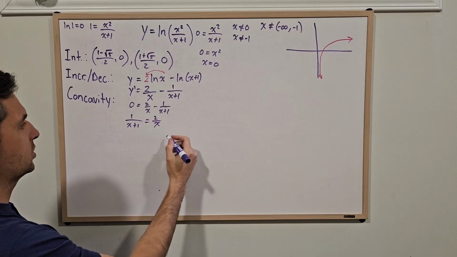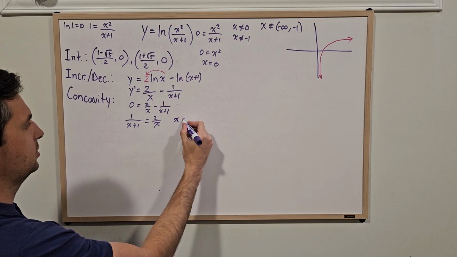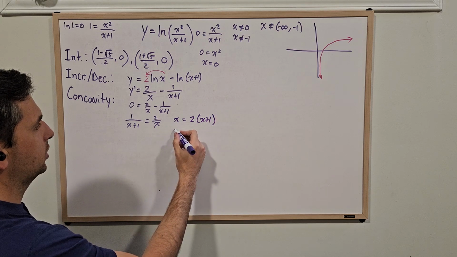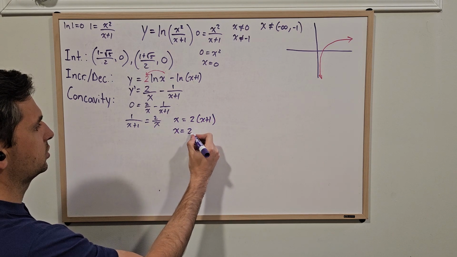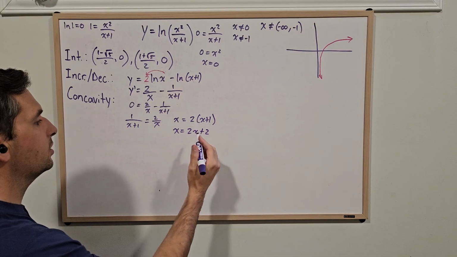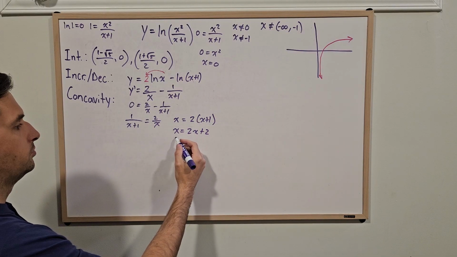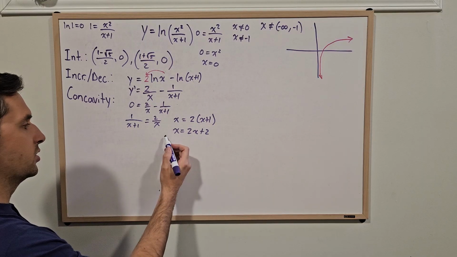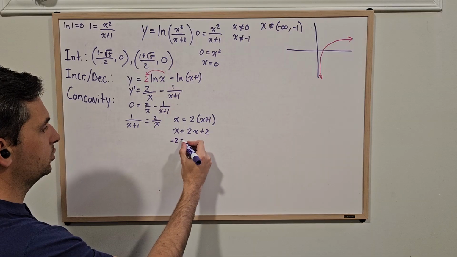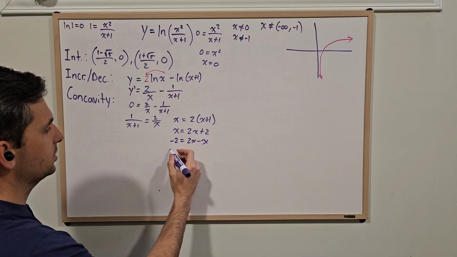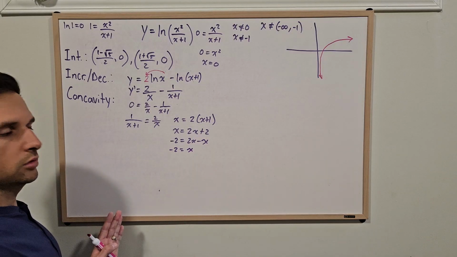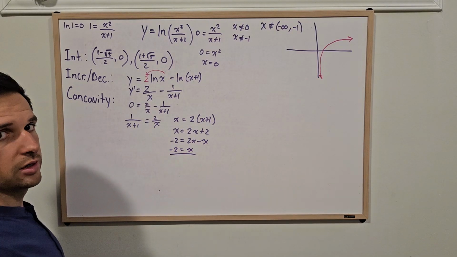Then we do cross multiplication, and we have x is equal to 2 times (x plus 1), so x equals 2x plus 2, expanding that 2 into my bracket. Now I am going to move my 2 over to the other side and my x over to the right hand side. So I have negative 2 equals 2x minus x, and negative 2 equals x. There we go. x is equal to negative 2.